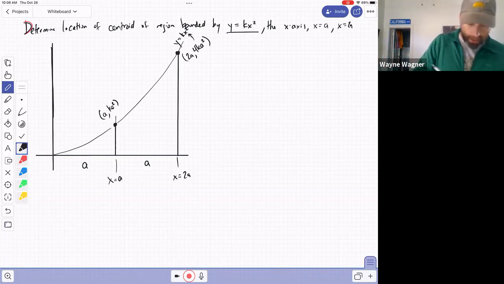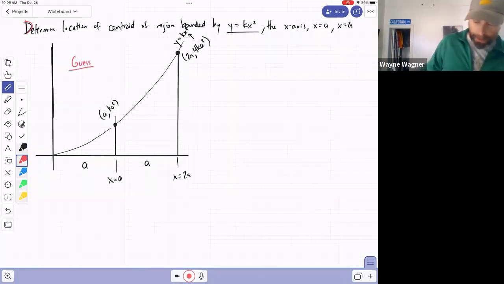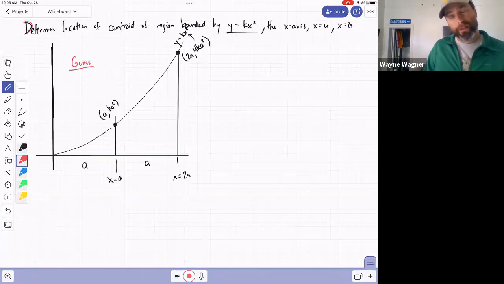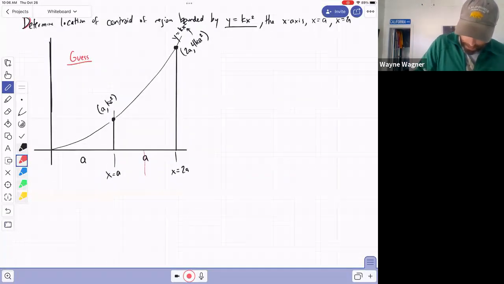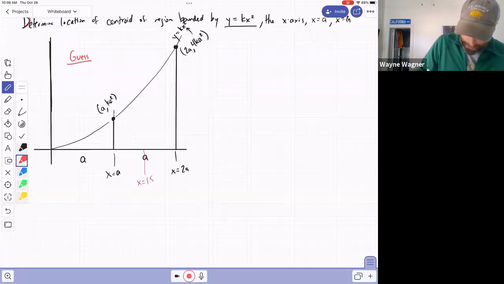Now, as I always like to do, I like to make a guess. Anybody have a guess where the centroid is? If this is about x equals 1.5a, is the centroid closer to x equals a or closer to x equals 2a in the x direction?